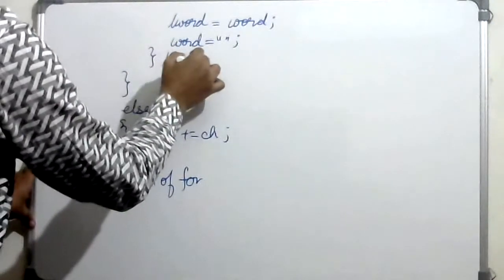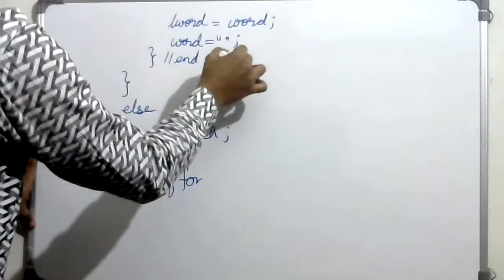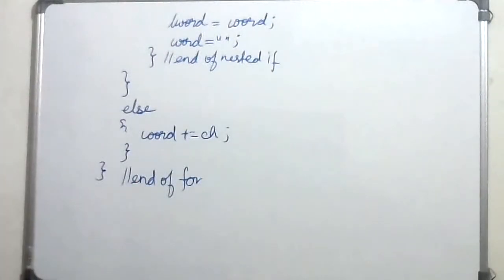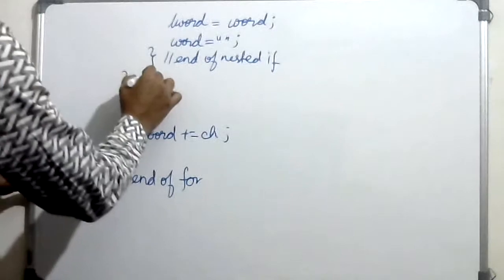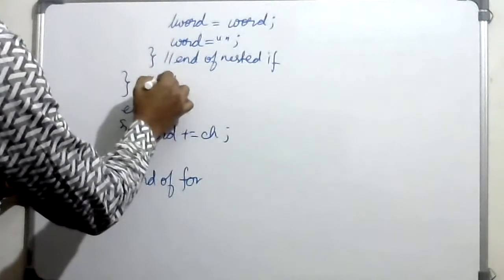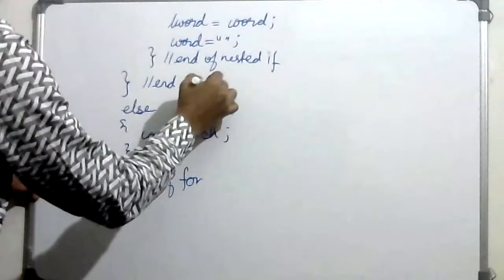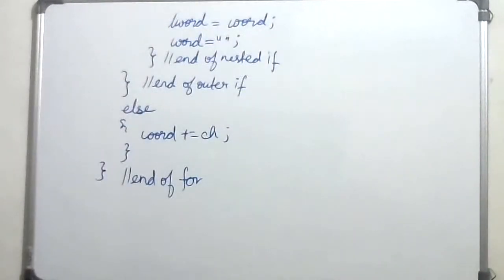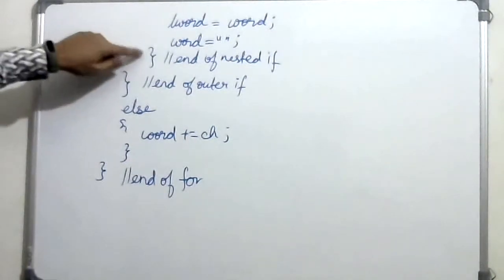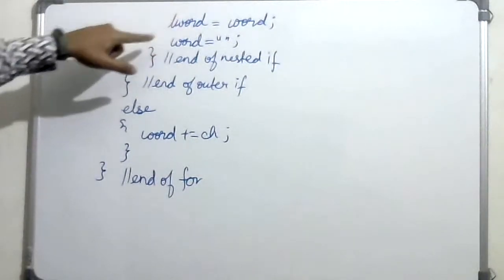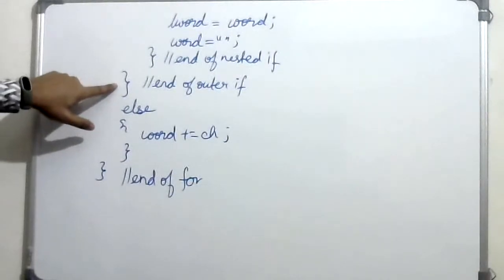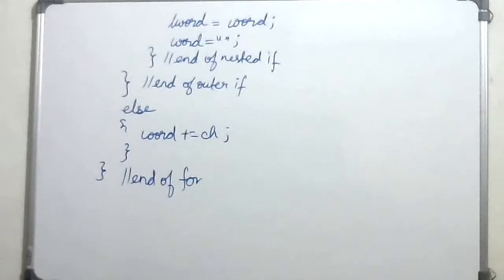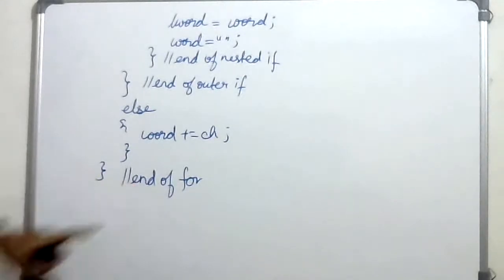This is the end of the nested if, and this is the end of the outer if. Just putting some comment lines so that you don't get confused. This is the end of the nested if, where we were checking which word is greater. This is the end of the outer if, which was the if checking if the current character is a blank space. And this is the end of the for loop.